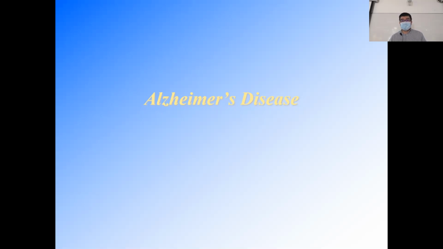The most important risk factor is age. When people get older, their chance of getting this disease is higher. There is also family history; usually, if they have a family history, their onset will be earlier.